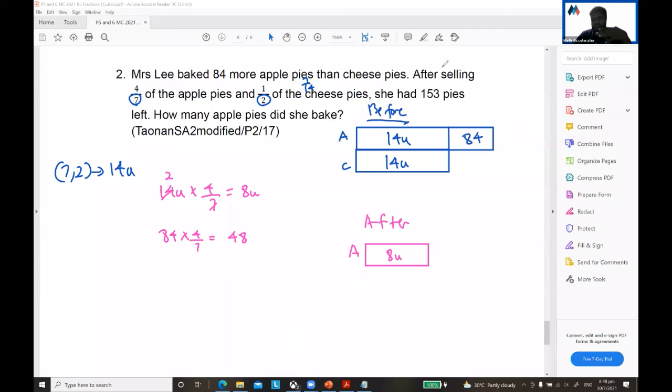Okay, so this after, right, is after sold, correct? So early on I had 14 units and 84, correct? So after I sell 8 units, 14 minus 8 will be 6 units. So can you erase this and write 6 units?